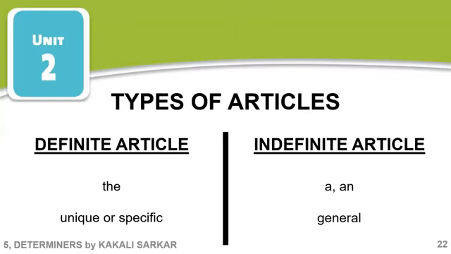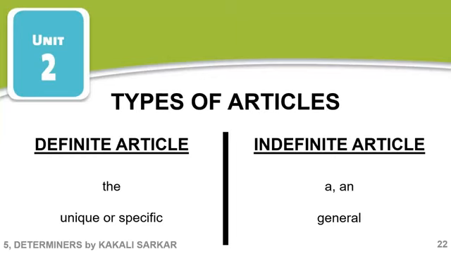Now, if you want a specific orange, just imagine that out of those oranges, one orange is green in color and you want that orange only. So how will you have to say it? Please give me the green color orange kept in the basket. Here you have to use the determiner the to specify the orange.